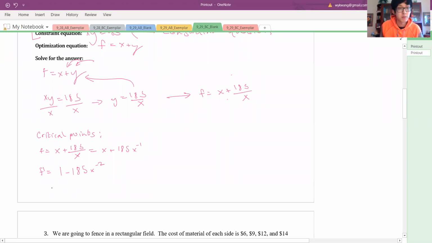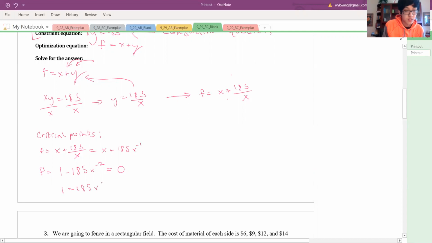To find the maximum and minimums, we're then going to set this equal to 0. If I set this equal to 0, I'm just going to really quickly manipulate this.